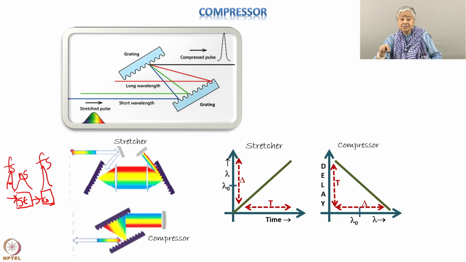Now, the problem is you have got all these amplifiers in between these two. Because you have these amplifiers in between, you have all those aberrations. Not only the aberrations of the amplification process, which are gain narrowing, amplified spontaneous emission and so on, but many other nonlinear effects have also come into the picture because you have increased the output energy.